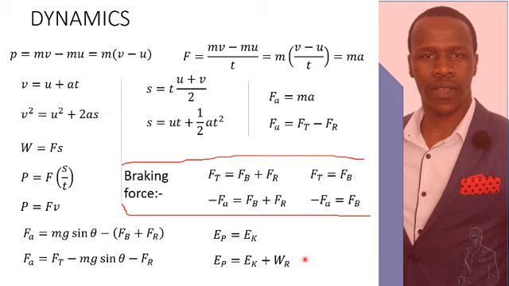The distance obviously has to be the distance along the line of action of the force, because this is work done. Work done goes with the distance that is in the line of action of the force. This is what we have. This one is without friction. This we use when we have friction.